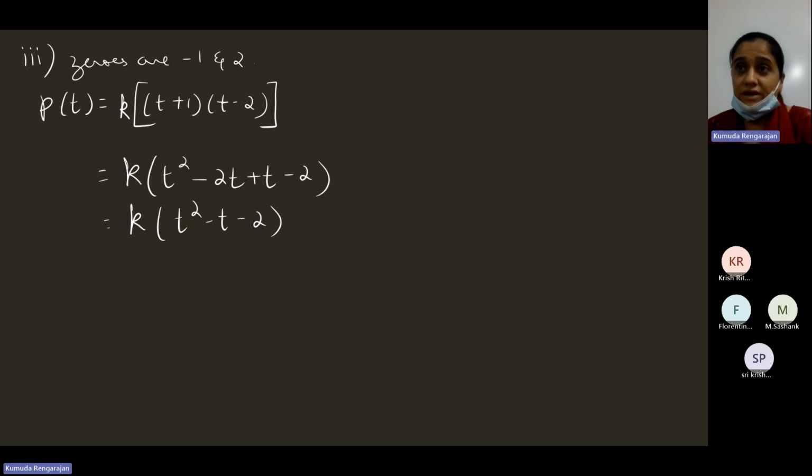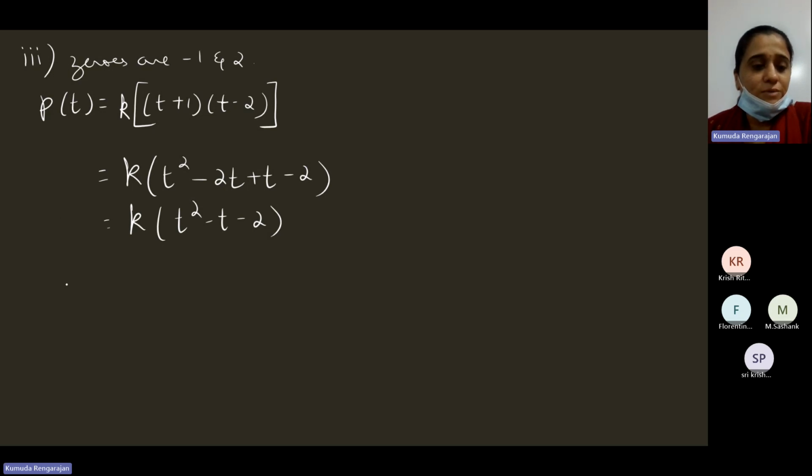When time is 0, what is our height? Same thing for everybody who stands on the diving board: when time is 0, height is 48 feet.